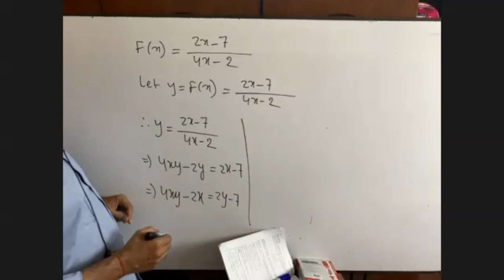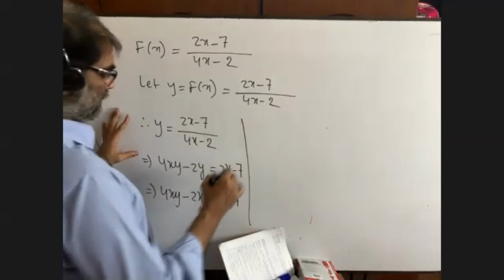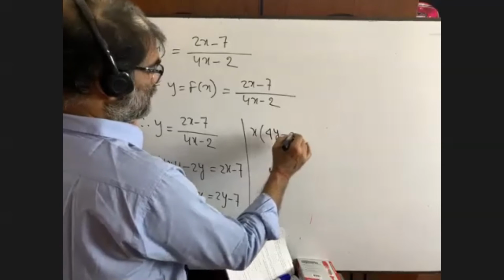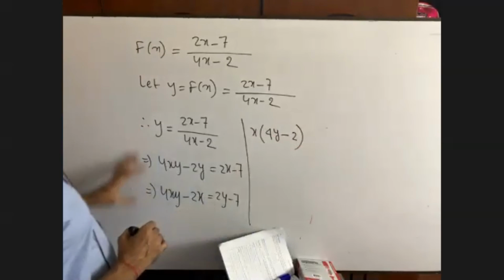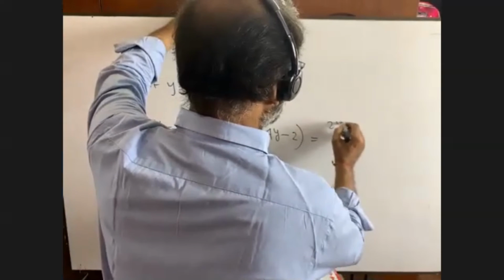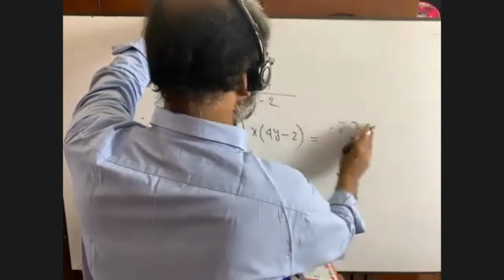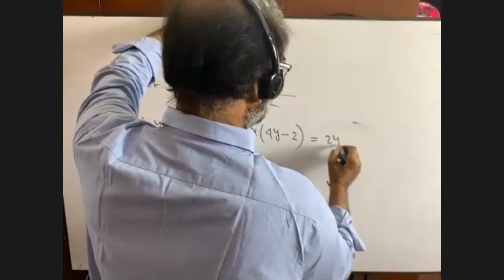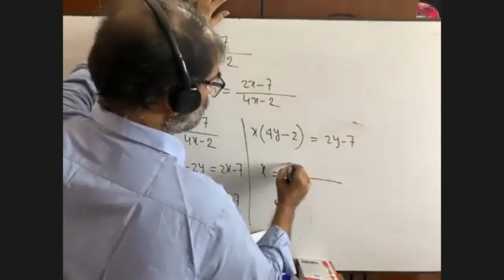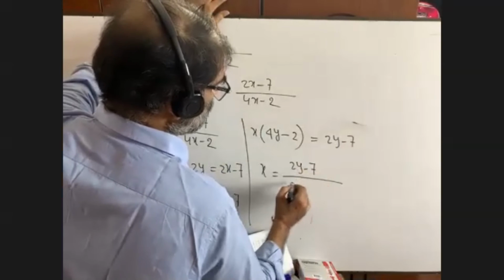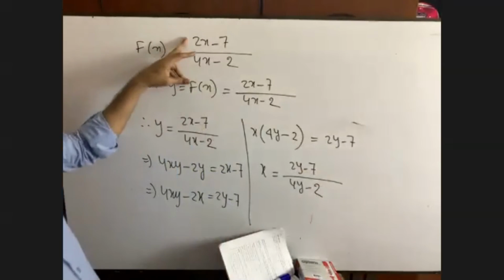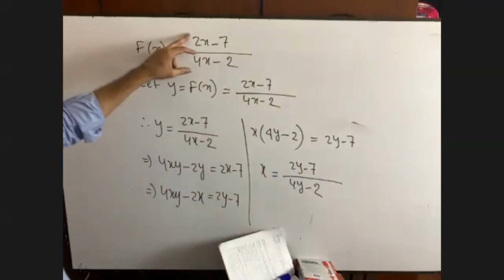From here, I will take x common, that means x(4y minus 2) is equal to 2y minus 7. So we are getting x is equal to 2y minus 7 by 4y minus 2. Almost same. Have you seen? They are same.